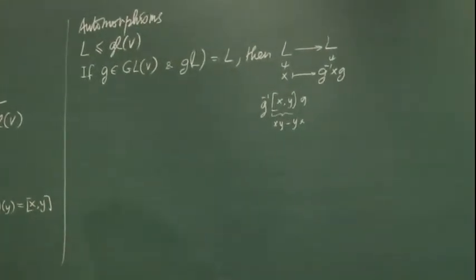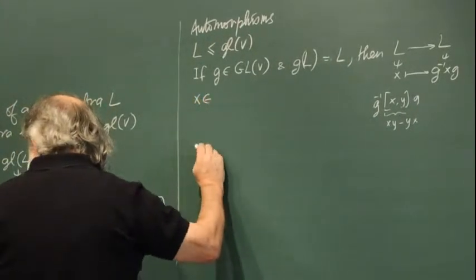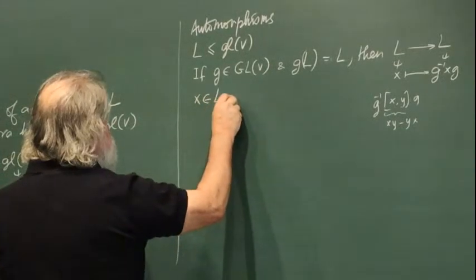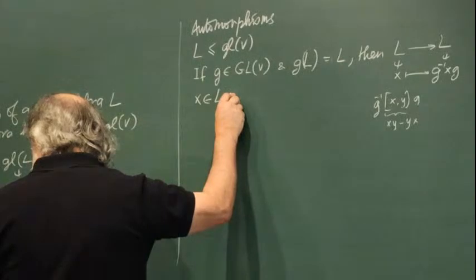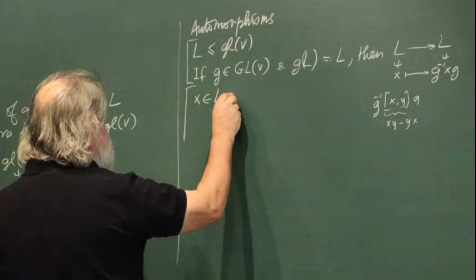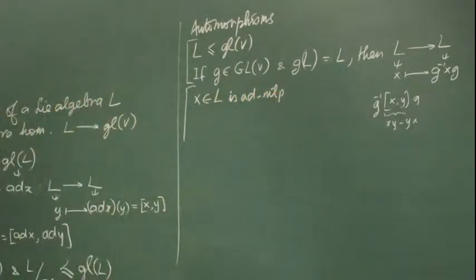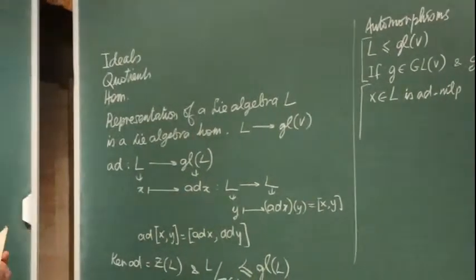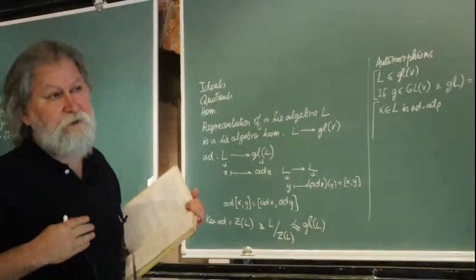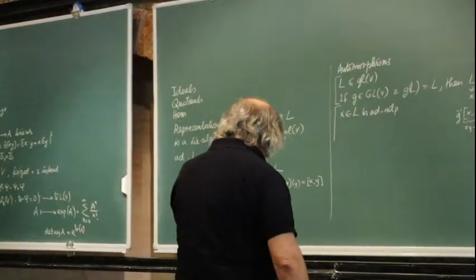Now, something else. Now, suppose x is in L. So this is the second case. If x is ad-nilpotent, ad-nilpotent means that ad x is nilpotent. ad x to some power is 0. You can see ad x is something upper triangular, nilpotent.